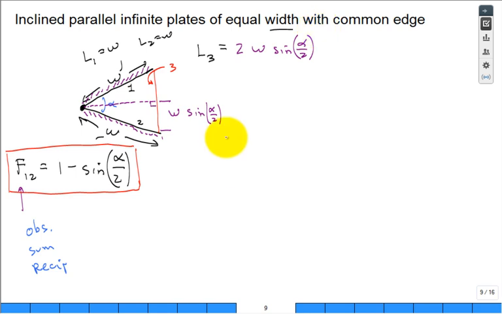What's the next step? Well, I'm interested in some of the view factors. Let's think about the view factor from the perspective of surface 3: 3 to 1, view factor 3 to 2, and the view factor 3 to 3. Who would like to volunteer to give me one of them? Somebody in the front row.